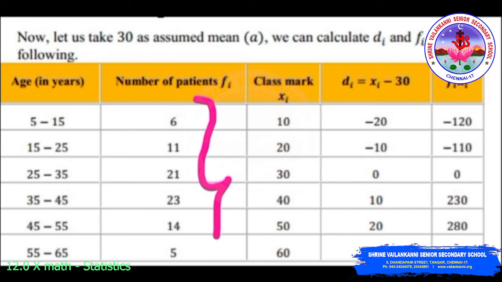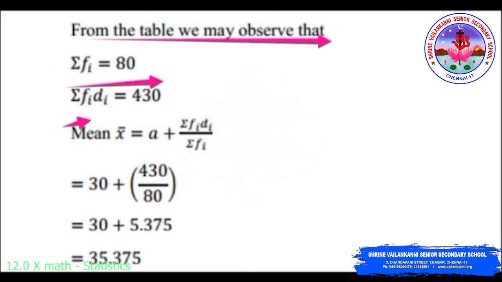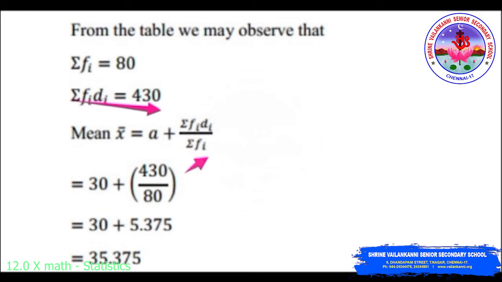Add the frequency column and the fidi column. From the above tabular column, we observe that summation of fi is equal to 80 and summation of fidi is equal to 430. I'm going to find out the mean by the assumed mean method, which is equal to a plus summation of fidi by summation of fi, where we have selected the assumed mean as 30, plus 430 divided by 80.